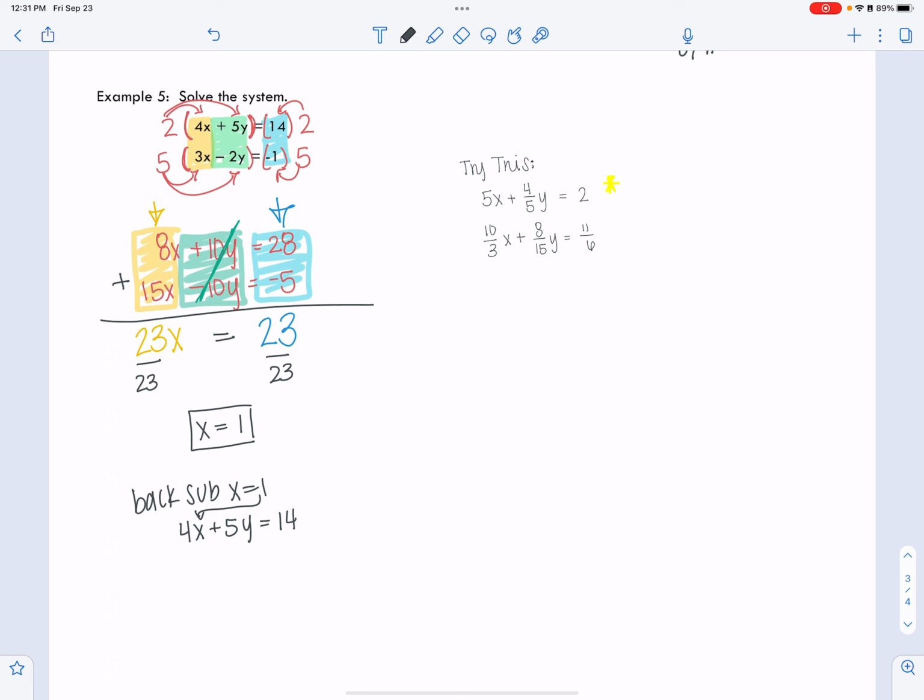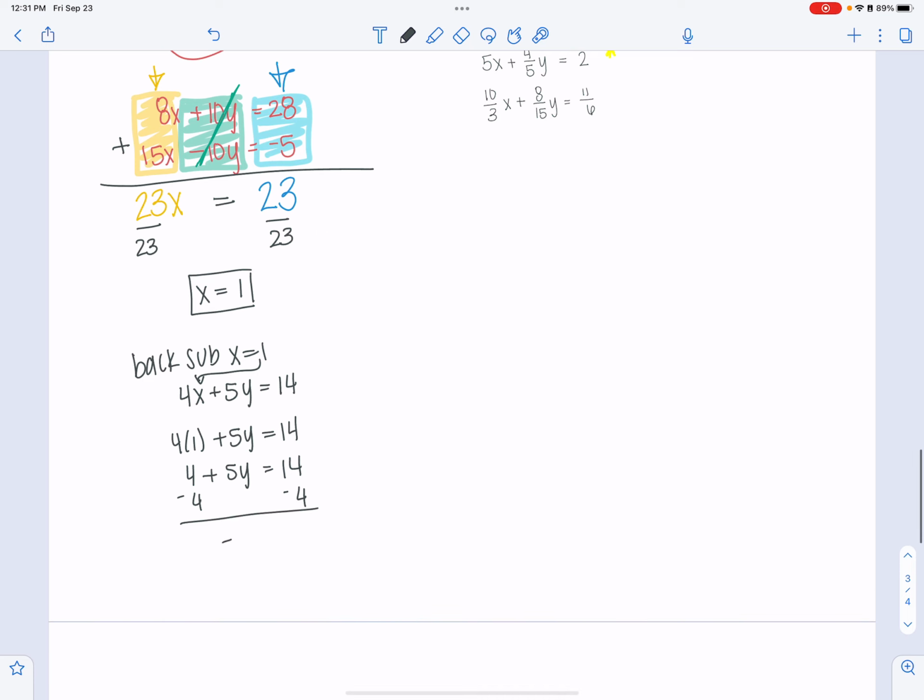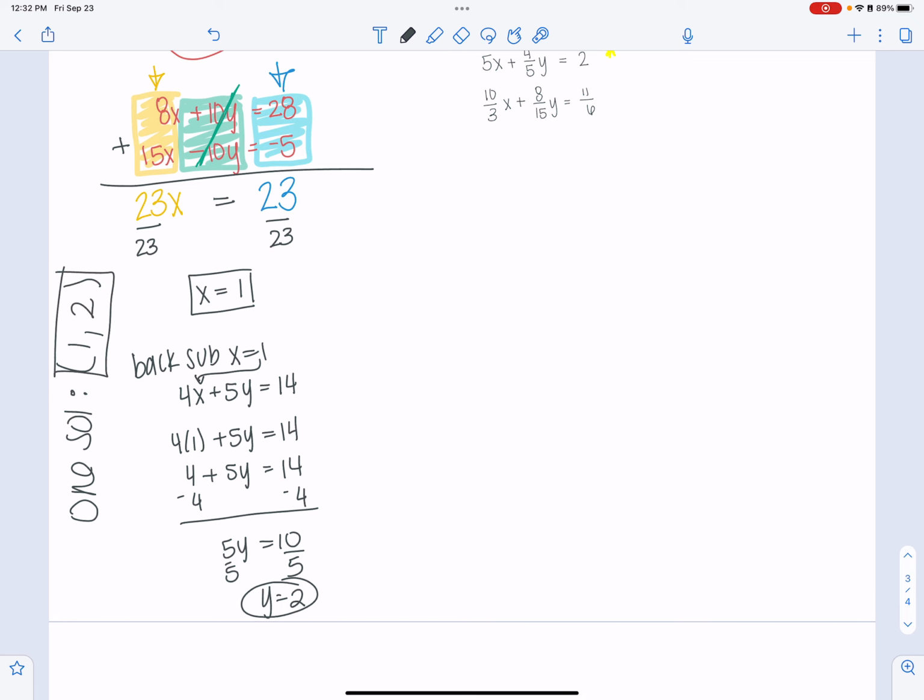I'm going to plug my 1 in. And now I'm just solving for y. So I'm just solving this equation all the way down for y equals. And so my solution is going to be one solution, the point 1, 2, x, comma, y.